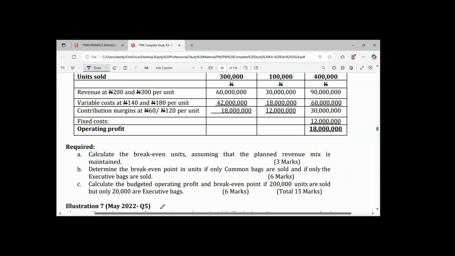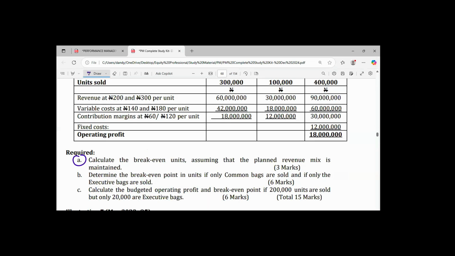In the A part of the question, you are to calculate break-even points in units, assuming that the planned revenue mix is maintained. So in this case, we are going to carry out the entire 5 steps. The first step is to compute the overall contribution margin ratio. Because of time, let me switch to the working note so that I just solve it straight.